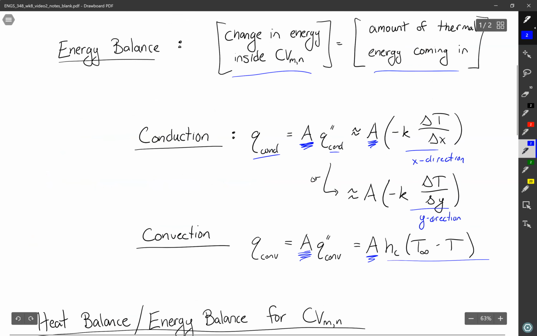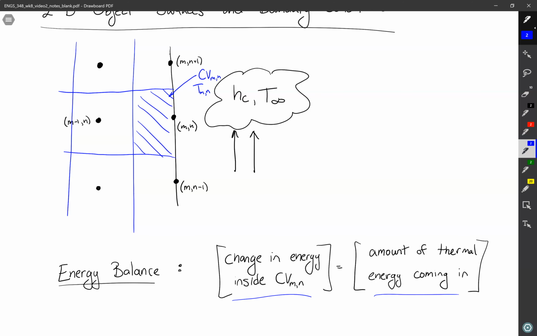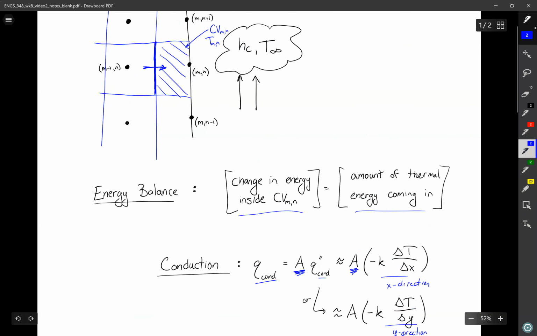On the left-hand side, we're looking at the amount of energy coming in along this left-hand wall. It's coming into our object by conduction. We can characterize that as conduction along the x direction. The area that it's happening over, that left side area, is delta y.